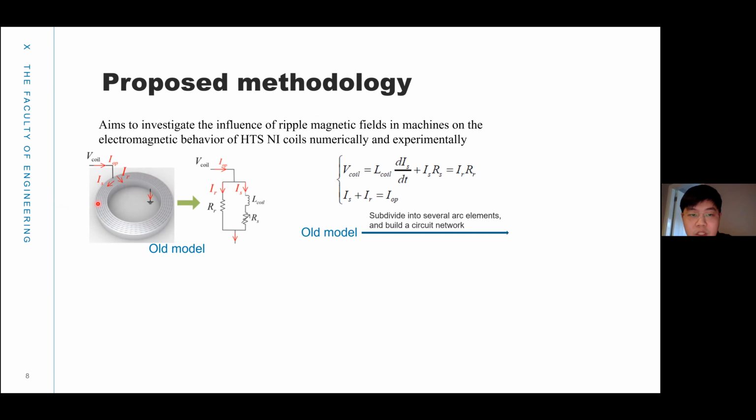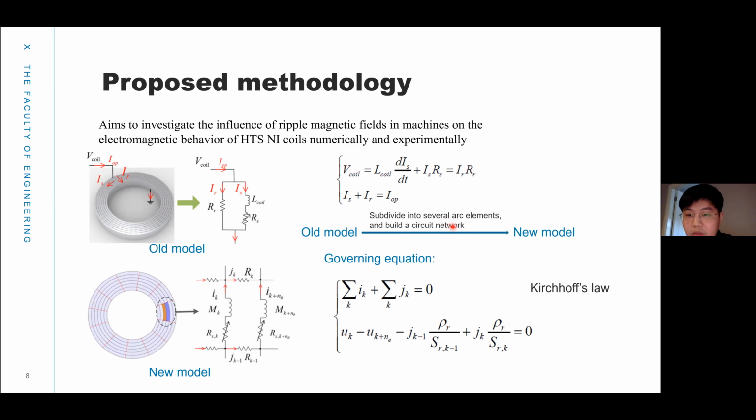This is a basic model for studying the NI coil. A new model subdivides the coil into several arc elements and builds a circuit network like this. For example, here is an arc and another arc.